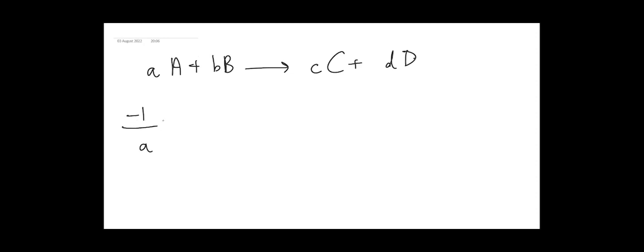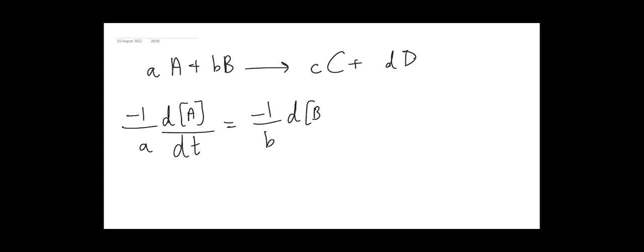Say suppose the reaction is like this. Now how can we write the rate equation? It can be simply written as 1 by a times dA by dt is equal to 1 by b times dB by dt. Same applies for the products as well.